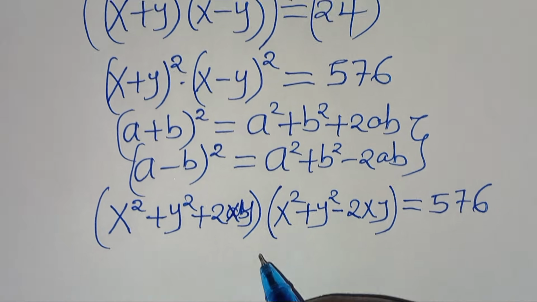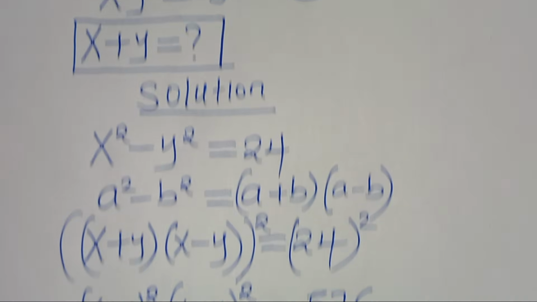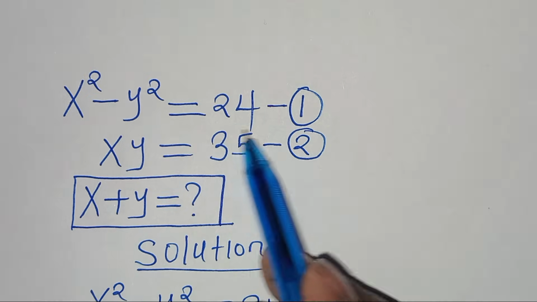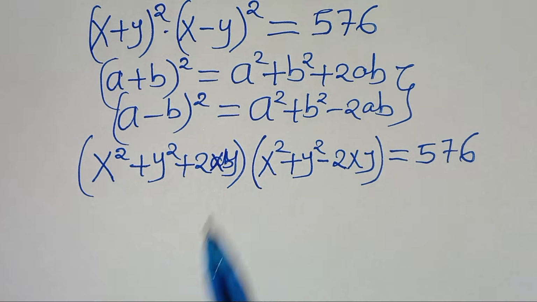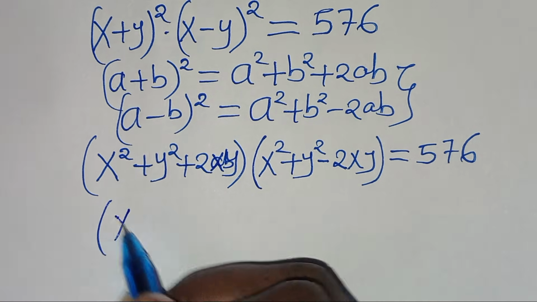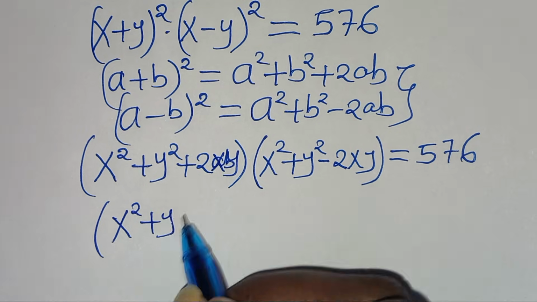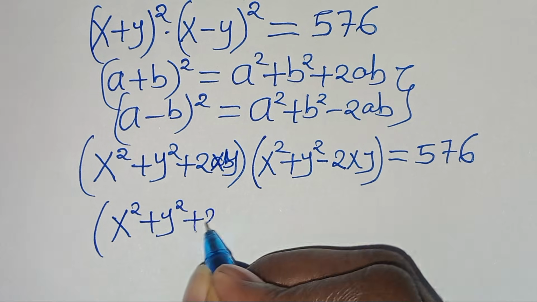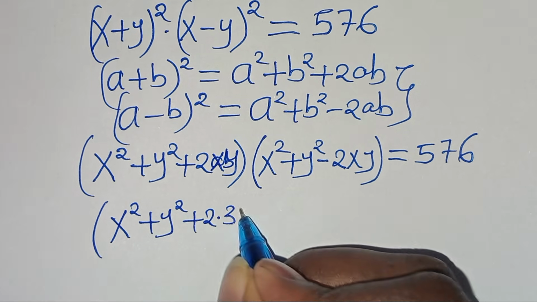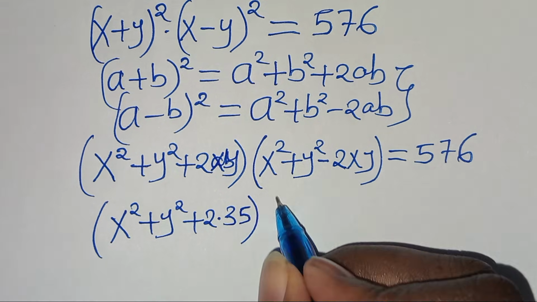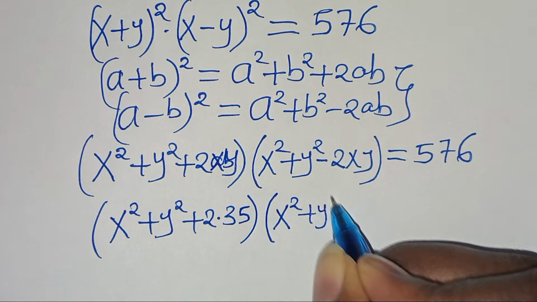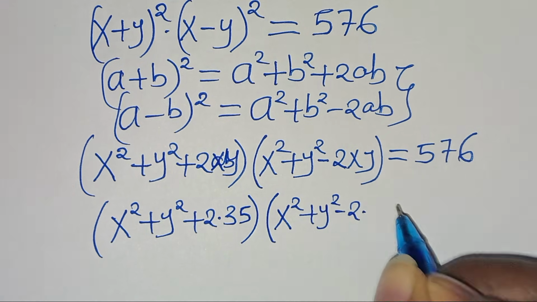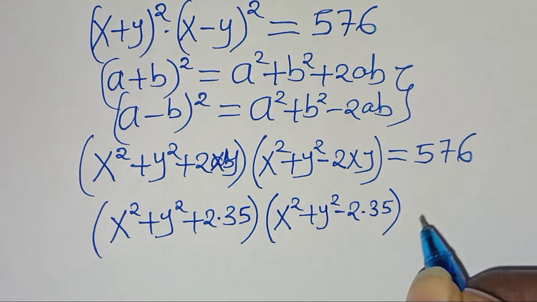Now, if you recall from equation 2, we have that xy is equal to 35. So let's substitute the value of xy. So we have x squared plus y squared, then plus 2 times 35, close the parentheses. Then here we have x squared plus y squared minus 2 multiplied by 35, close the parentheses.